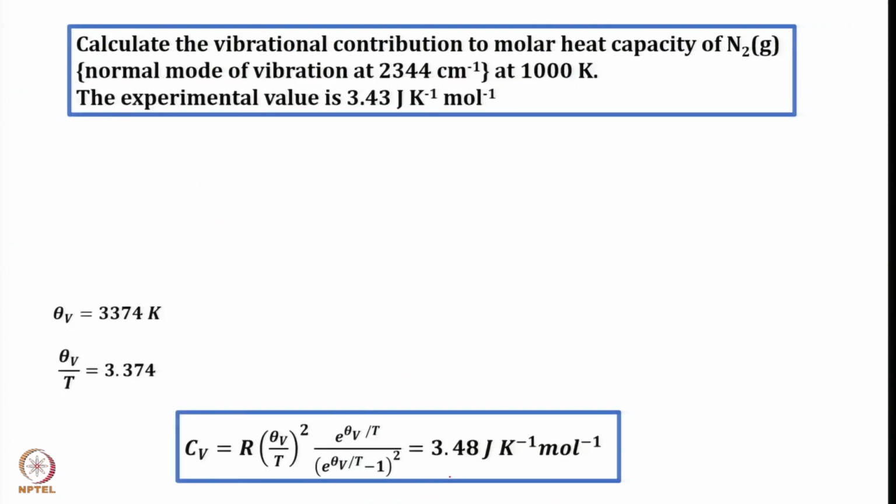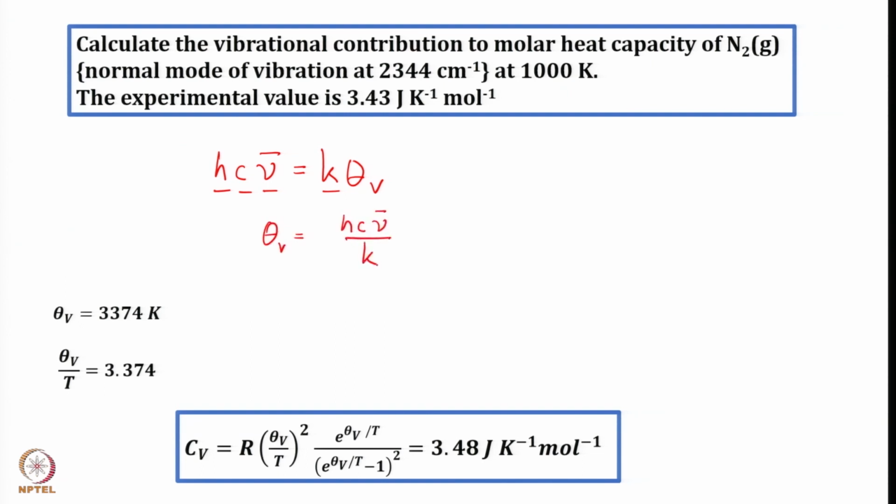Theta v can be calculated from hc nu bar equal to k theta v. From the knowledge of Planck's constant, speed of light, wave number already given as 2344 centimeter inverse, and Boltzmann constant k, you can get theta v. That means theta v is going to be hc nu bar by k.